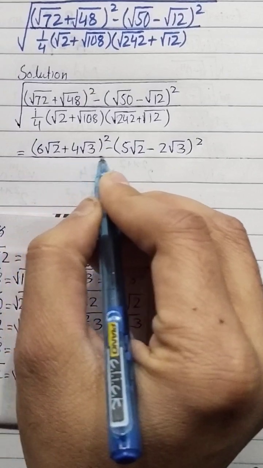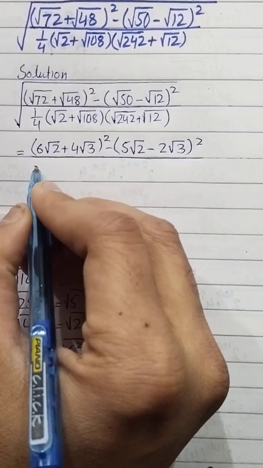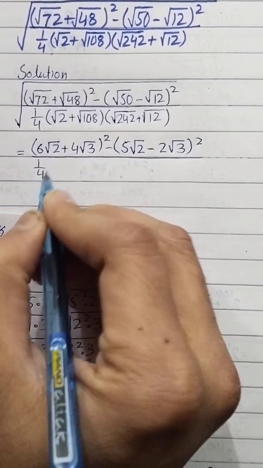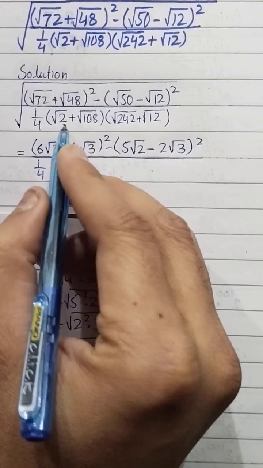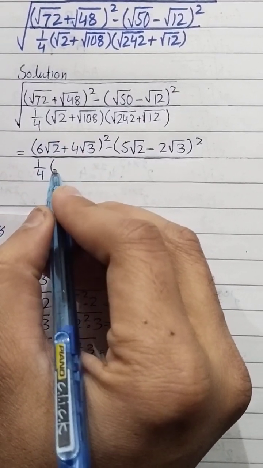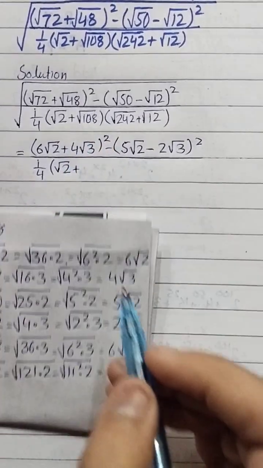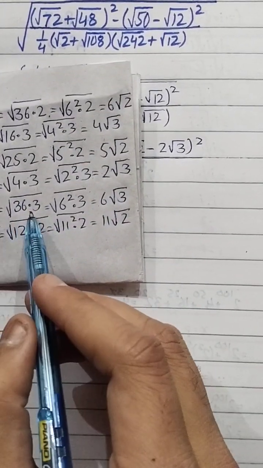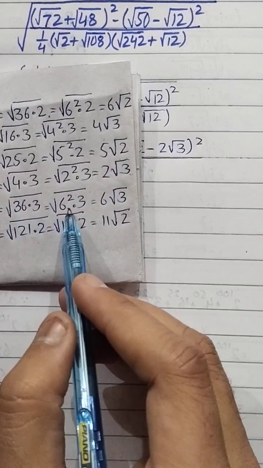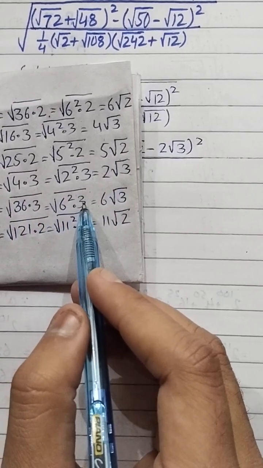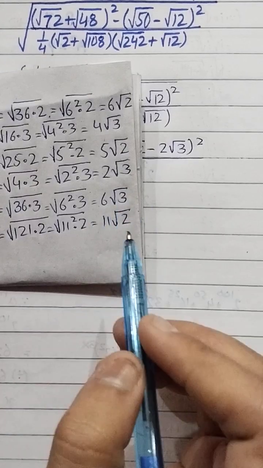divided by 1 over 4 times this under root, which cannot be further simplified, so it will be written as under root 2 plus under root 108, which can be written as 36 times 3, and then this can be written as 6 square times 3, and it is equal to 6 under root of 3.